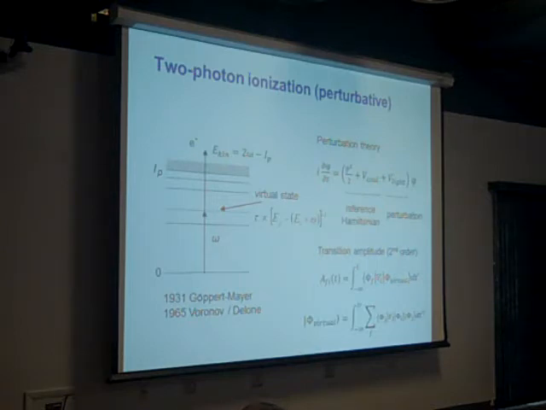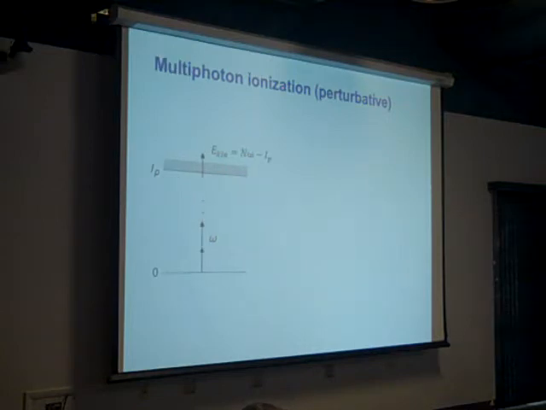Now, you can think about this. Certainly, if I make second order perturbation theory, I get two-photon absorption. What do I get when I make third order perturbation theory? I get three-photon absorption, four-photon absorption, and so on. So I can get multi-photon absorption with this one. Still, I'm treating my light field perturbatively here.